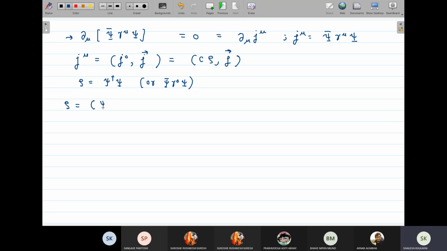So this will be psi 1 star, psi 2 star, psi 3 star, psi 4 star, and this will be psi 1, psi 2, psi 3, psi 4. So this will be mod of psi 1 square, psi 2 square, psi 3 square, etc. Hence, this will be a positive definite quantity. So your rho is positive definite.